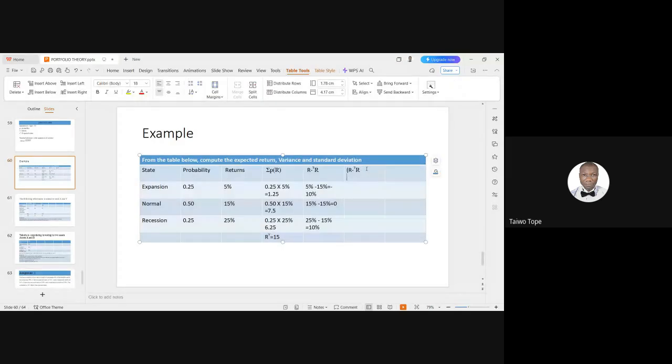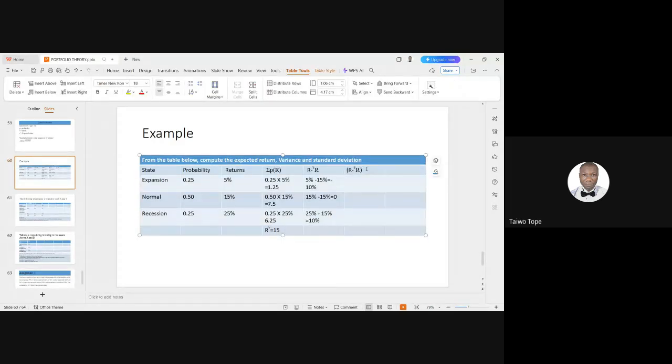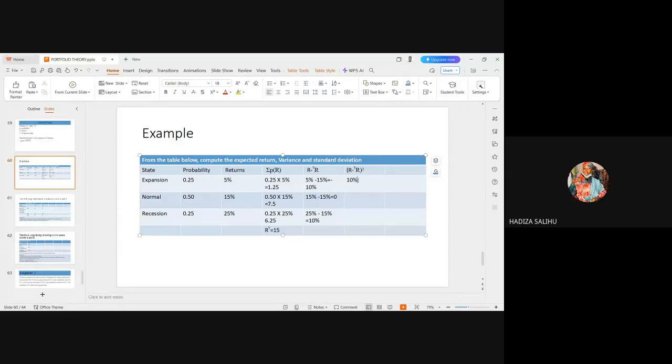When you square minus 10%, the result will be 100, because minus times minus changes to positive. So this will be 100.